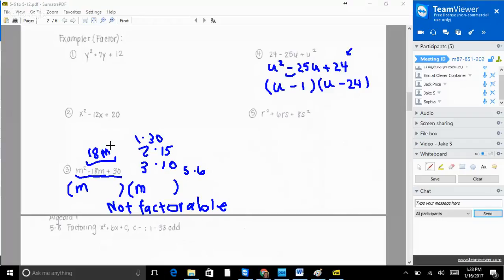So if you were writing down your notes, when you have a positive and a positive, you're going to end up with a positive and a positive on the inside. When you have a negative and a negative like you have here, you're going to end up with a negative and a negative.